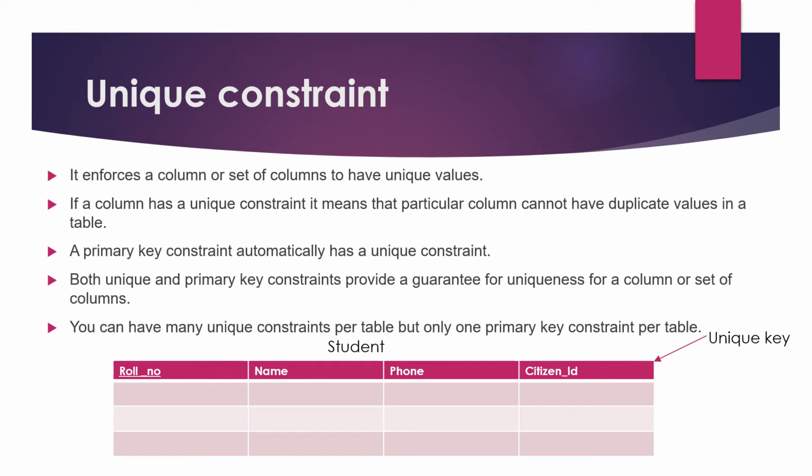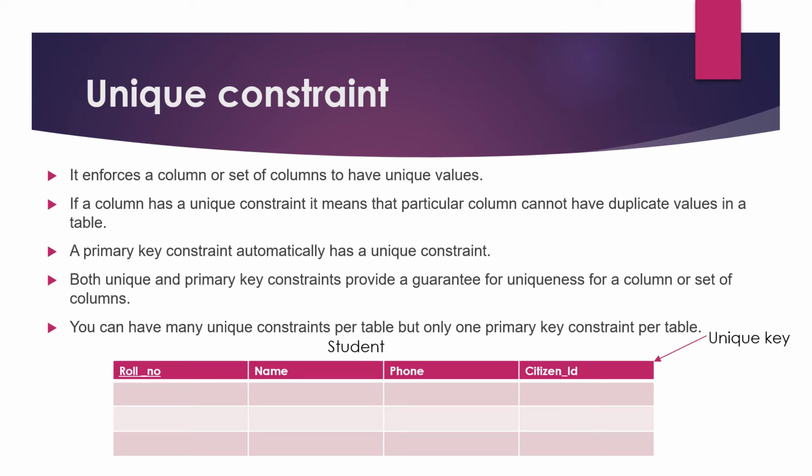Let us see unique constraints. It enforces a column or a set of columns to have unique values. If a column has a unique constraint, it means that a particular column cannot have duplicate values in a table.